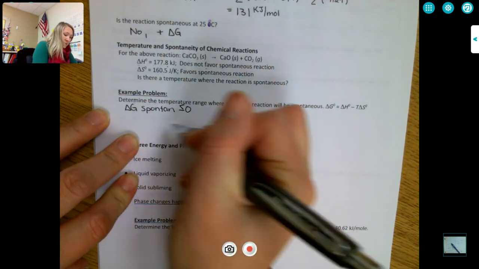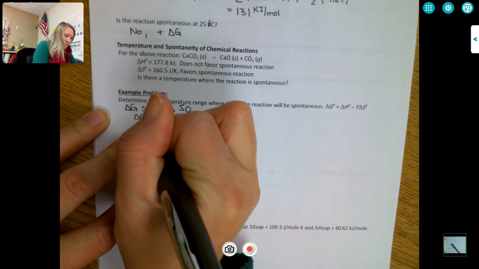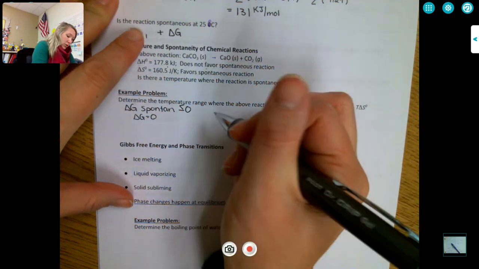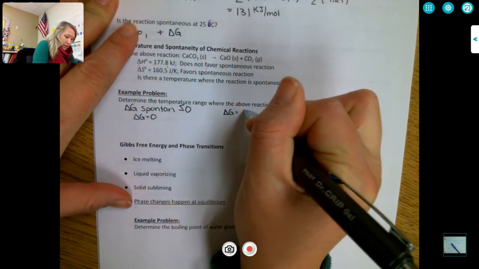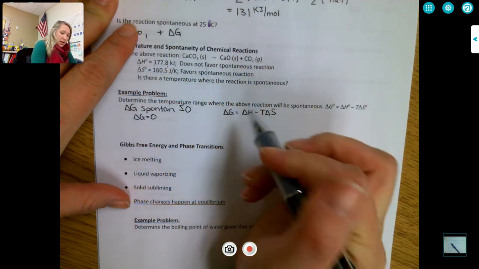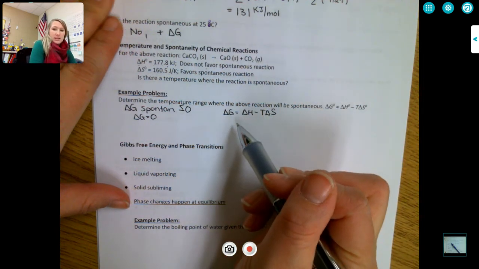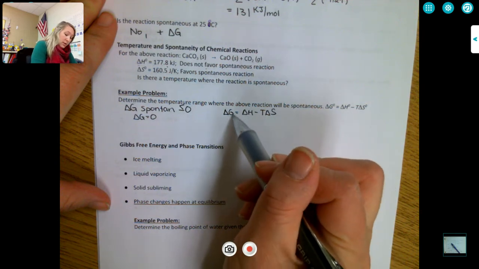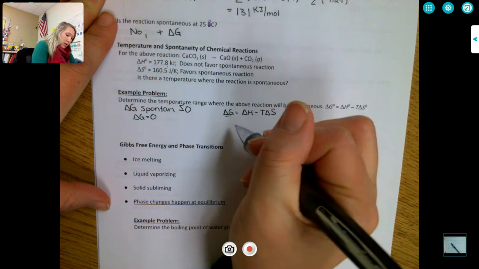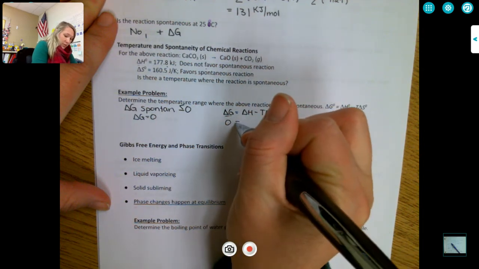So let's say delta G is equal to 0, because anything less than that would be a spontaneous reaction. For my formula, delta G equals delta H minus T delta S, I want to find the temperatures at or above the point where delta G becomes negative. So I'm going to say my delta G is 0.